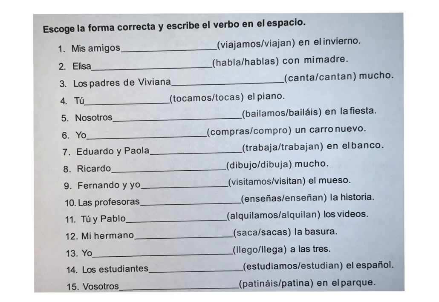All right, mis amigos. Do y'all know what that means? So, my friends. Which pronoun would you use for my friends? Ellos, probably, because it's amigos, right? Ellos, which is they. So which conjugation would you use here? Viajan, right? We would use this guy right here. All right. Alisa.